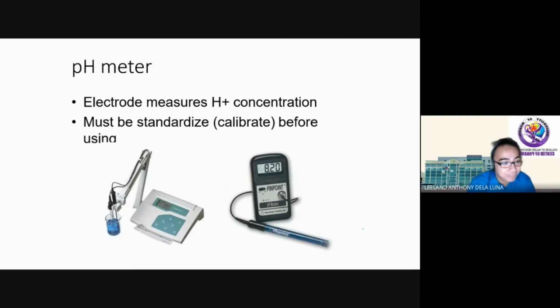Kaya kadalasan, imbis na gumamit ng pOH, we express anything, acids or bases, as pH. Are we clear? Kasi madalas ang mini-measure lang natin is how much hydrogen ions are present in your solution. Okay? Any questions so far?